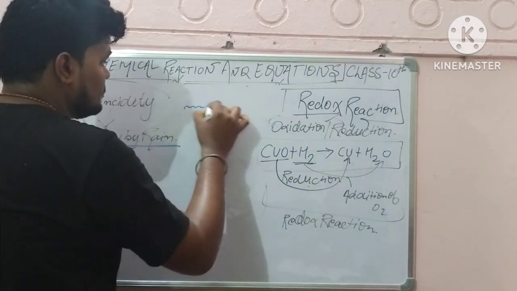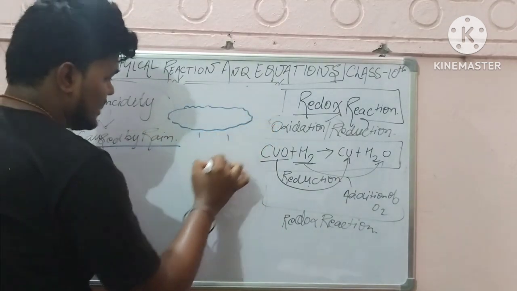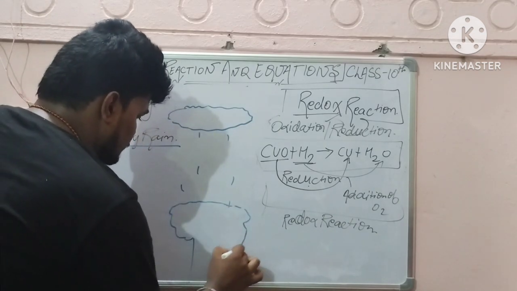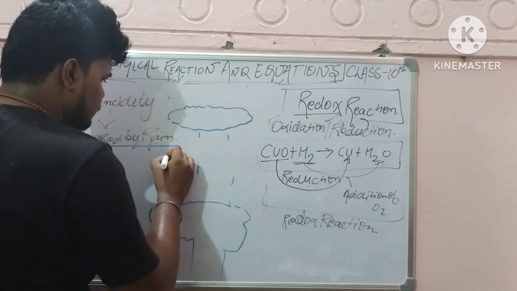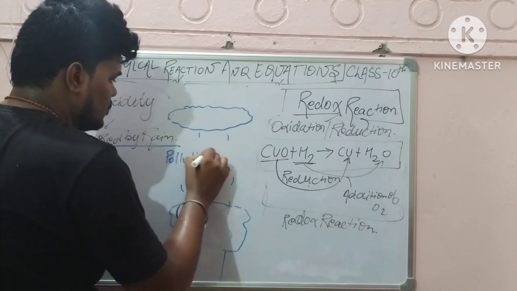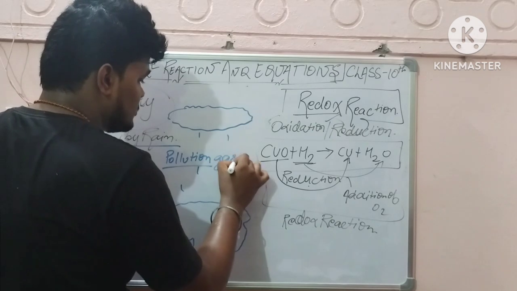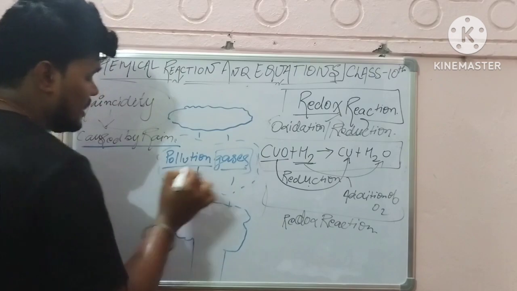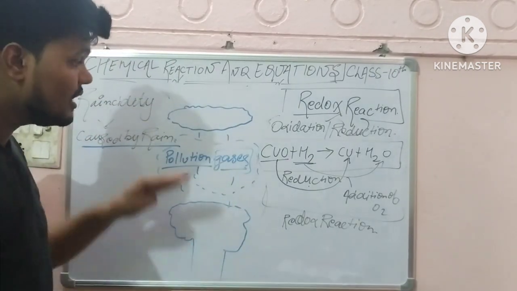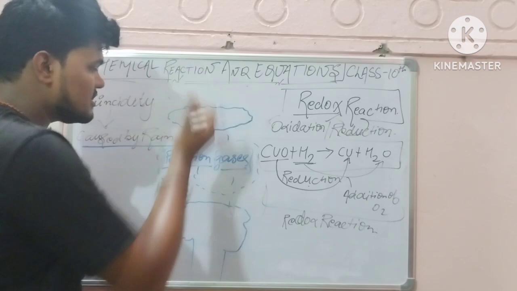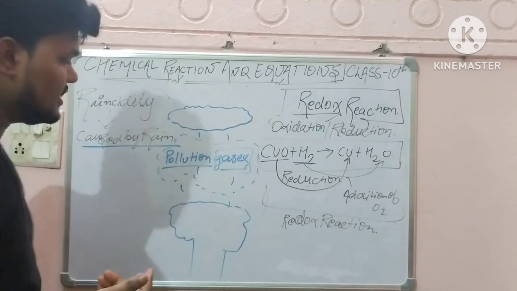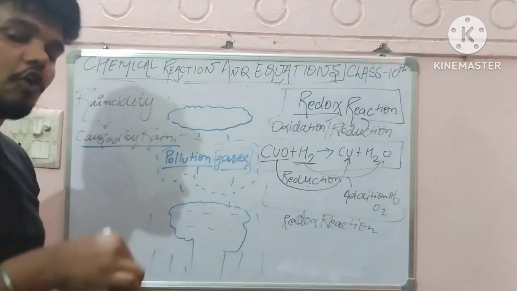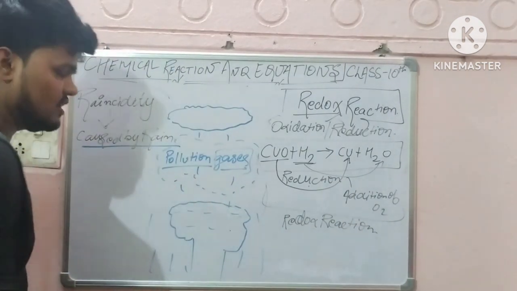See, like this the rain happens, and here we can see the earth, trees are there, and the atmosphere. Due to pollution, some gases are present here in the atmosphere. When the rain happens, these gases mix with the rain and fall on the surface, causing rain acidity, which we can also call acid rain.